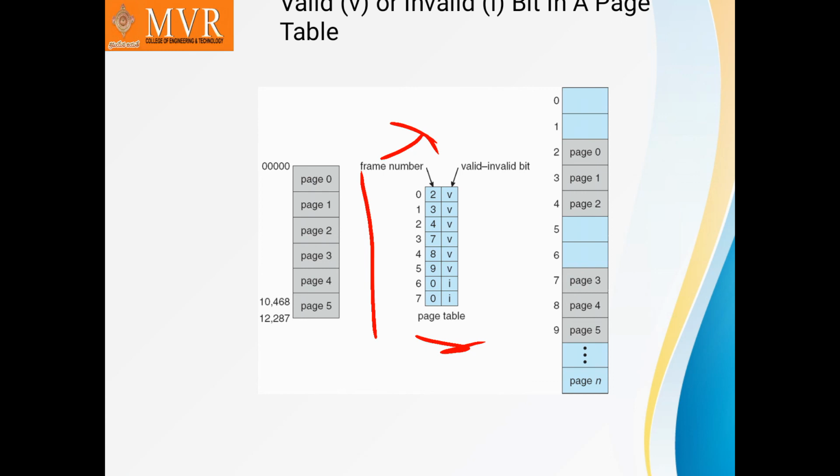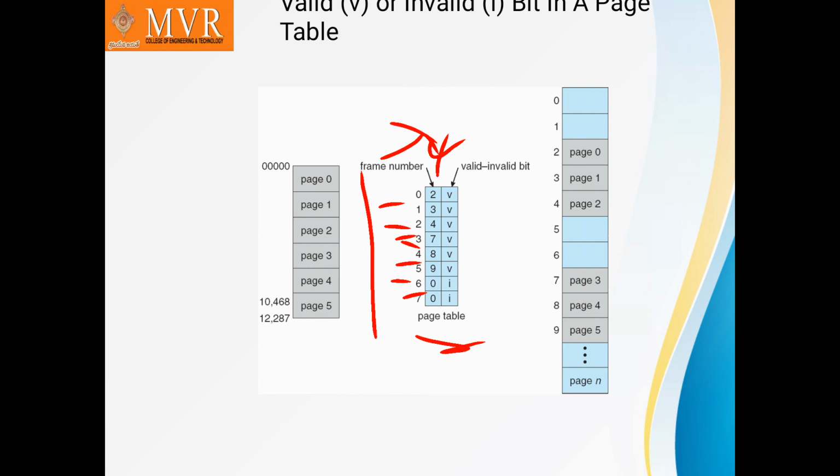If the frame is not in the page, then it is invalid. Okay, so here the frame numbers will be defined. 0 is 2, 1 is 3, 2 is 4, 3 is 7, 4 is 8, 5 is 9, 6 is 0, 7 is 0. Let us assume. So these are the frame numbers.